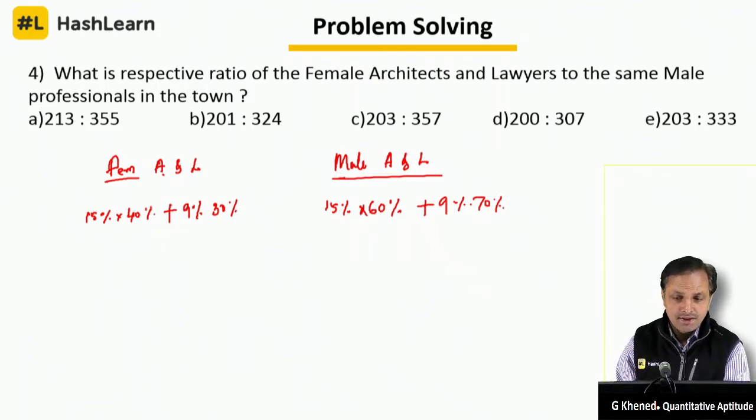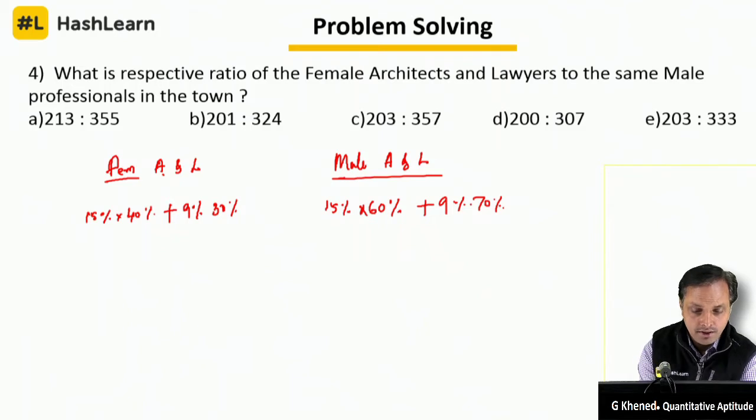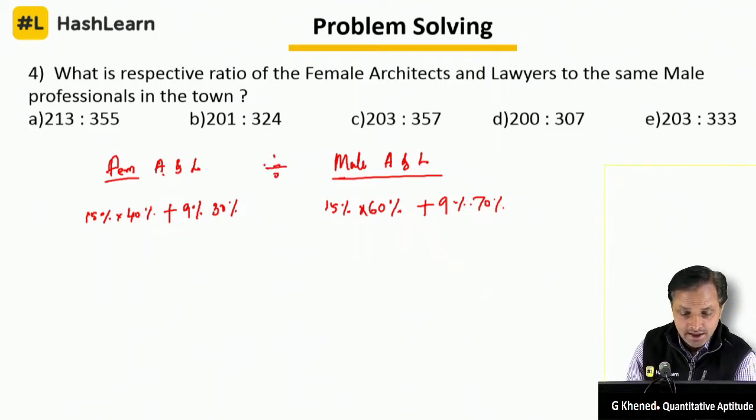Okay, so since they are asking you to find the ratio, you have to divide one by the other. What I will do, I will neglect the percentage because that will vanish in the numerator and denominator when you take the ratio.